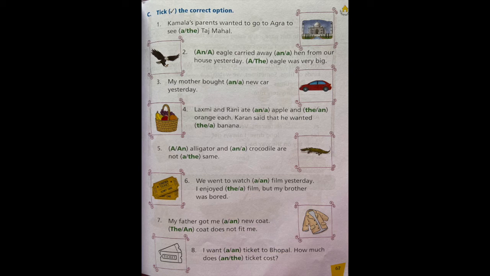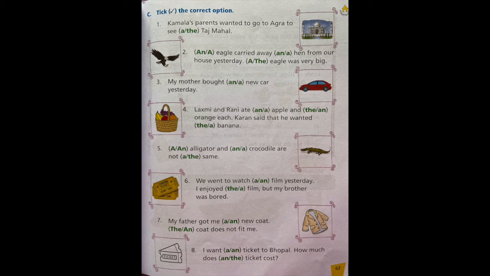Number 3. My mother bought dash new car yesterday. So new is again starting with a consonant sound. So what we will put a tick on? A. My mother bought a new car. Number 4. Lakshmi and Rani ate dash apple. For apple what will we take?